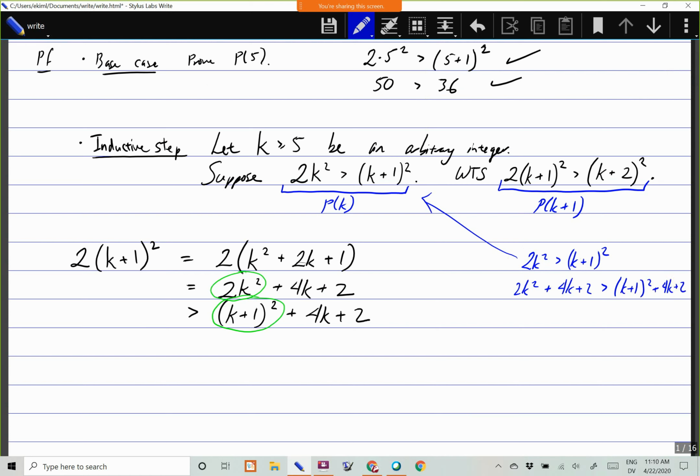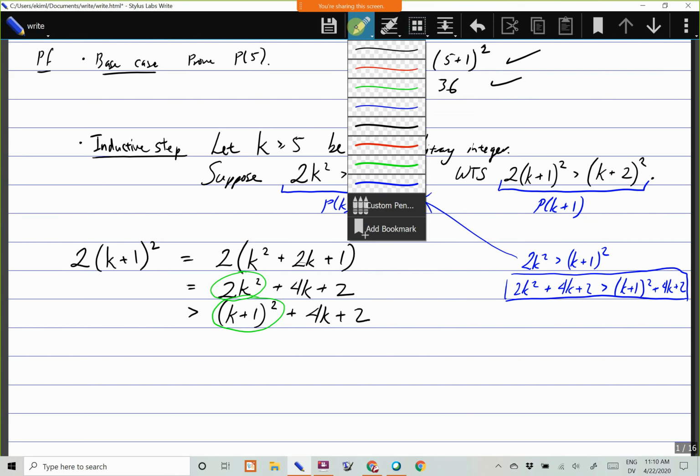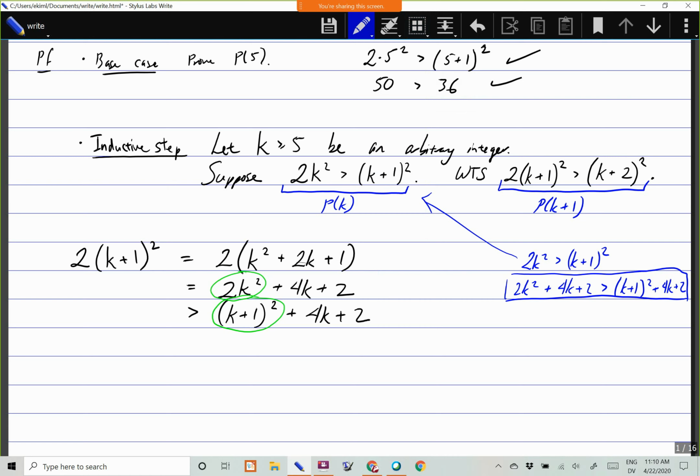If you prefer that, the action of having added 4k plus 2 to both sides is just written in a vertical format, so it looks a little funky perhaps, but that's all that happened. Okay, so I'll maybe wait for a moment, see are we okay with that step?